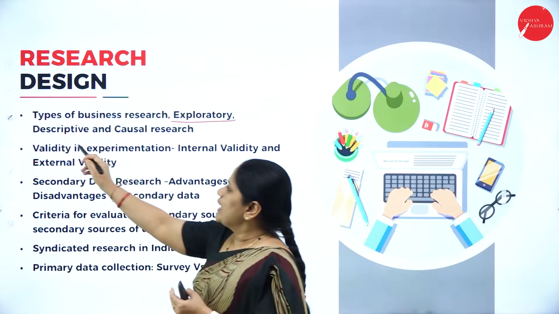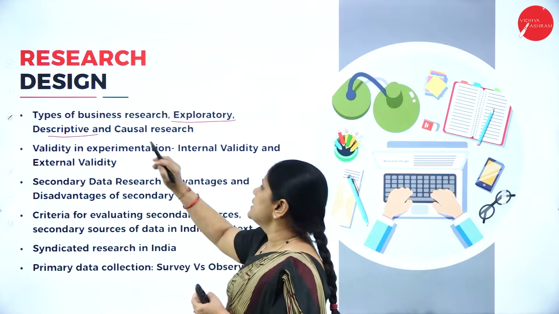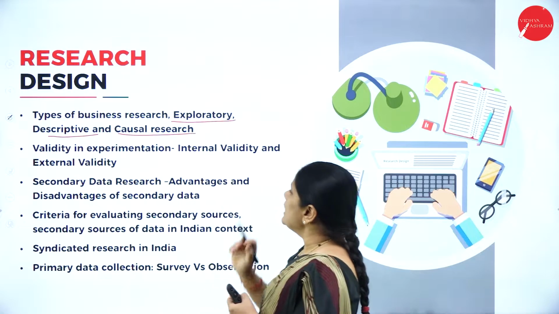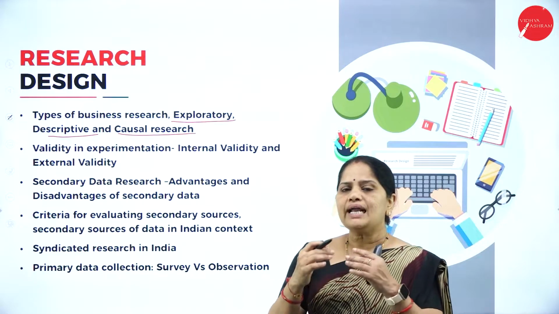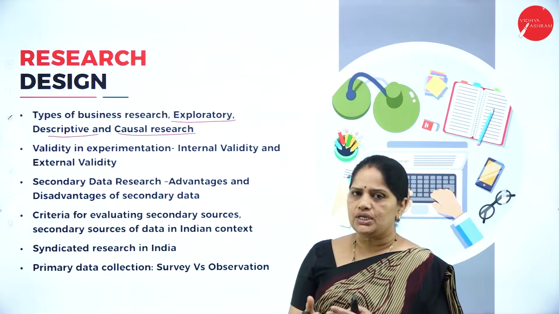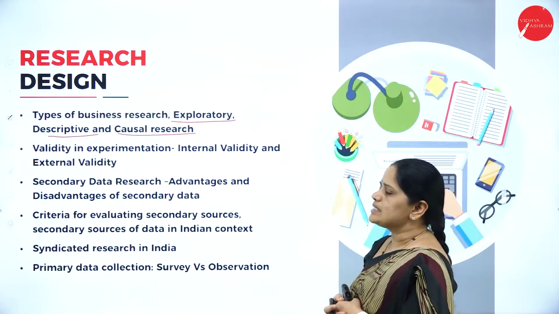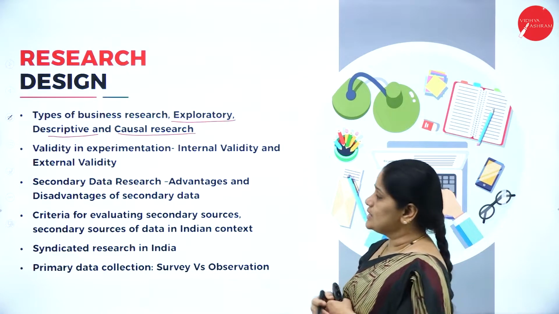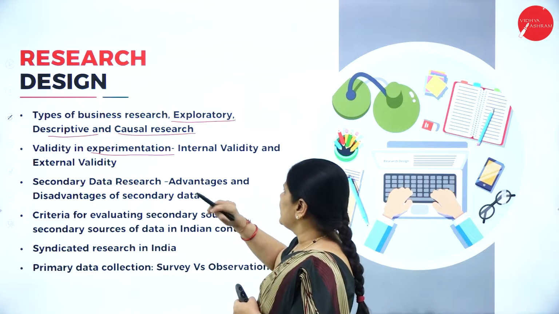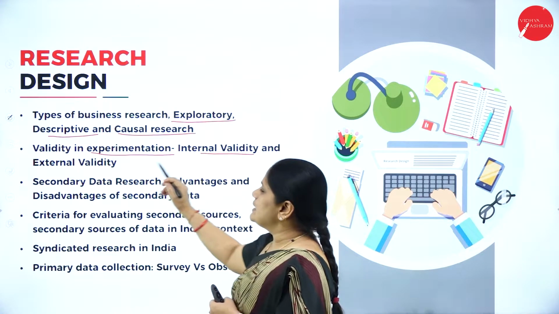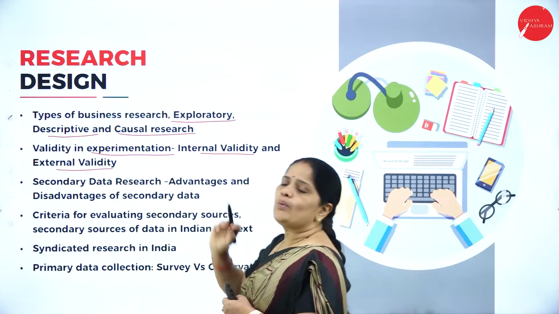Then, the next one is descriptive research, and the last one is causal research. Descriptive research means you try to describe what the actual research is. Then the next one is validity in experimentation, internal validity and external validity.